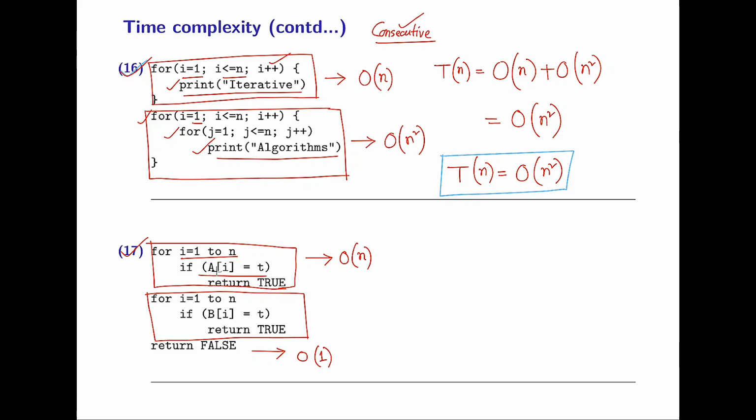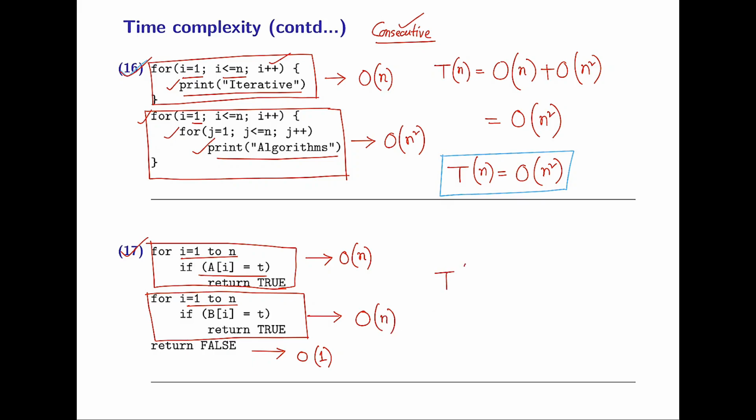So individually this if statement will be checked Big O of n times, and then return true, that will be constant. If this condition is true, then return true. Likewise, for this block also, i is going to run n times, and the statements inside the loop are going to run for n times.